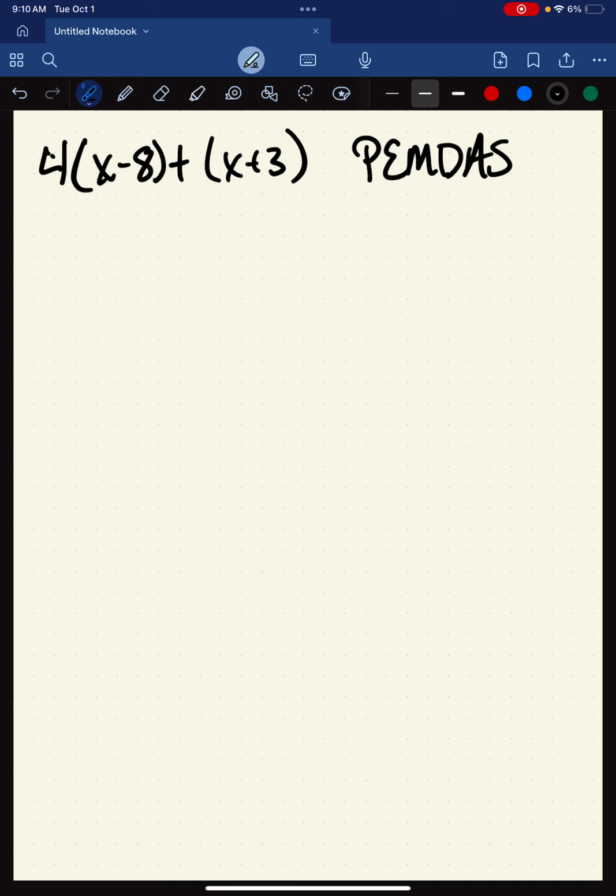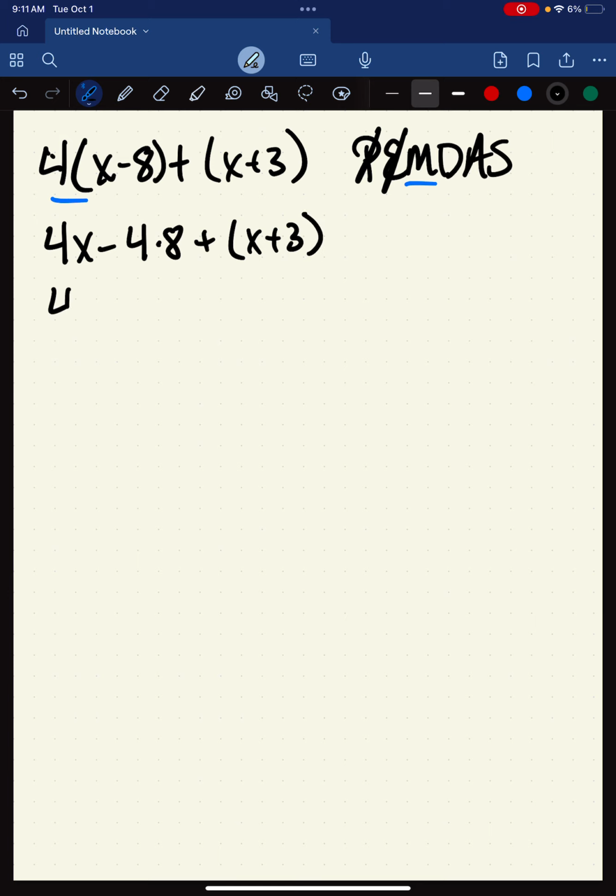The answer is no. Exponents, no exponents in this. Next is multiplication, and we do have multiplication right here. So let's go ahead and do that. The distributive property says that 4 times (x minus 8) is 4 times x minus 4 times 8. And we still have (x plus 3).